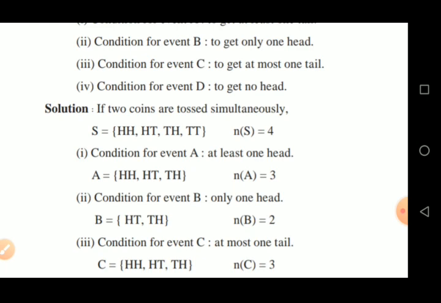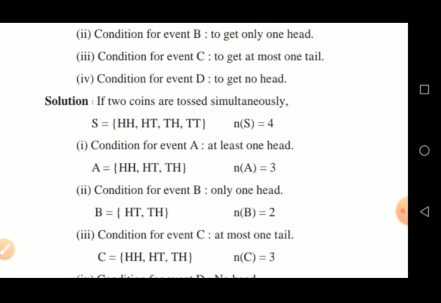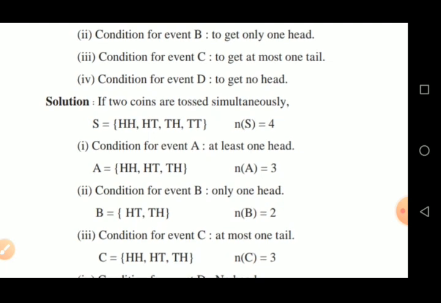In the last result, there is no head. That's why do not write that. n(A) = 3. Second, condition for event B, only one head. Now, write down the outcomes in which only one head is there. B = {HT, TH}. n(B) = 2.